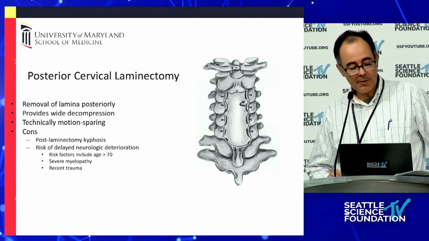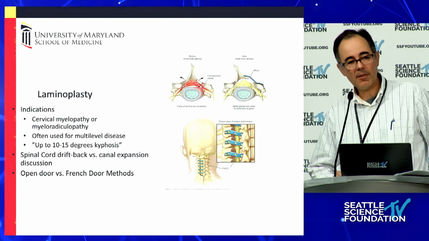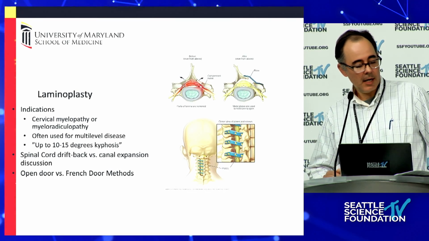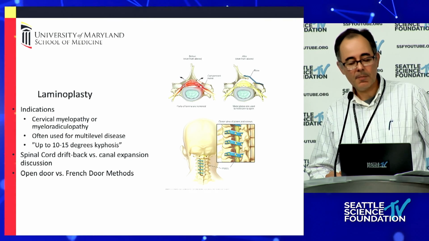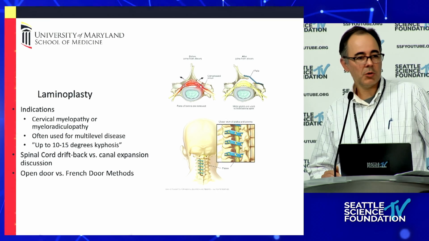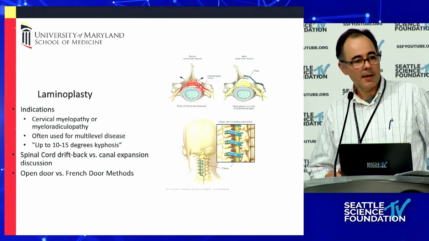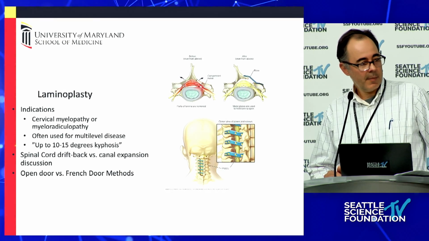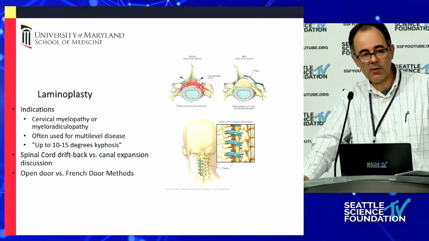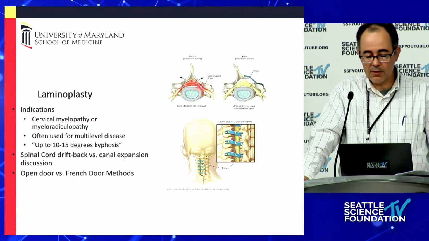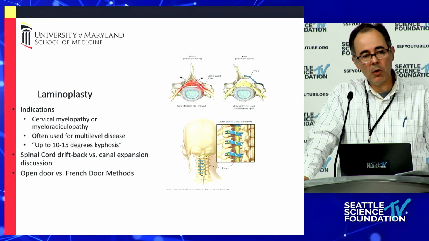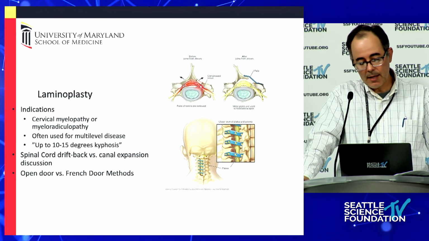The final couple slides are going to be on laminoplasty for patients with multi-level disease with some degree of myelopathy. Laminoplasty is a motion-preserving surgery that can often treat myelopathy if the patient has preservation of lordosis and has minimal neck pain and mostly myelopathy.